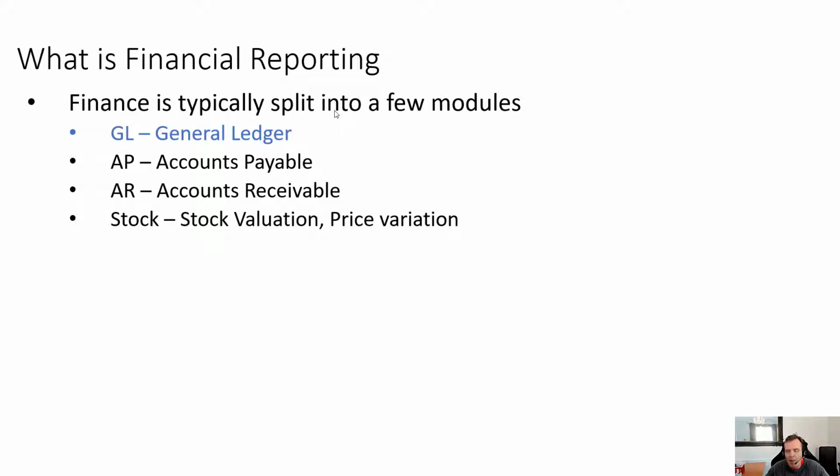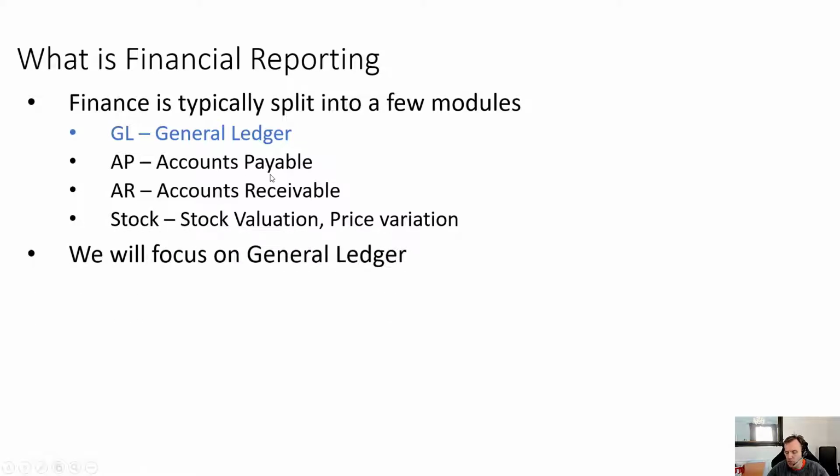Other areas could be AP, accounts payable, invoicing and so forth, and accounts receivable, which is debt collection and stuff like that. And then financial analysis of stock, price variation, cost of goods sold. There's all manner of aspects of finance that look at various parts of the business, but we're just going to be focusing on the general ledger in this particular talk.